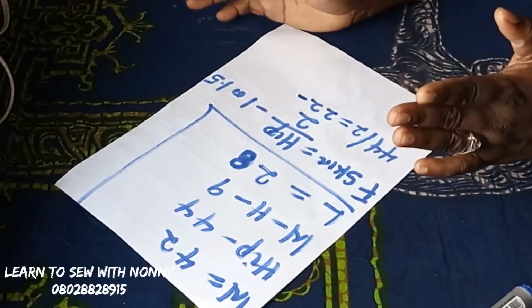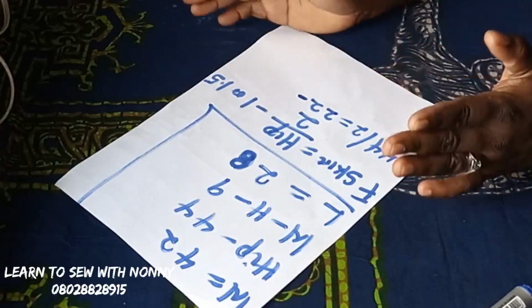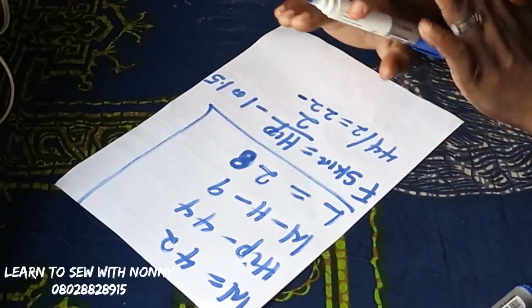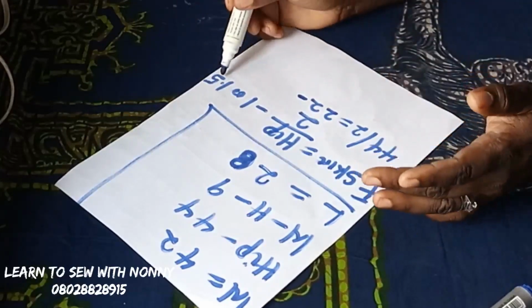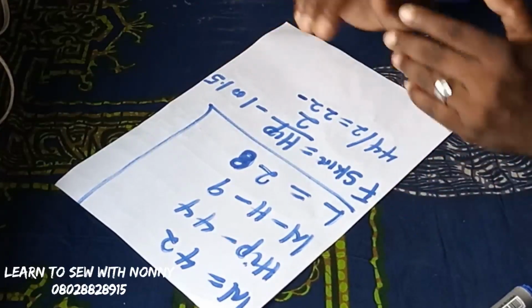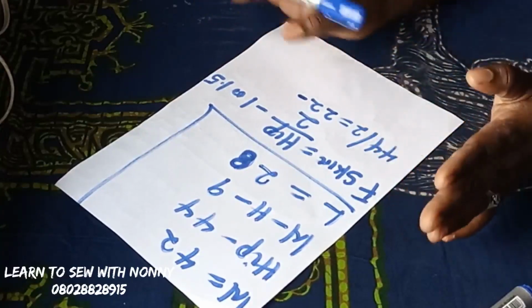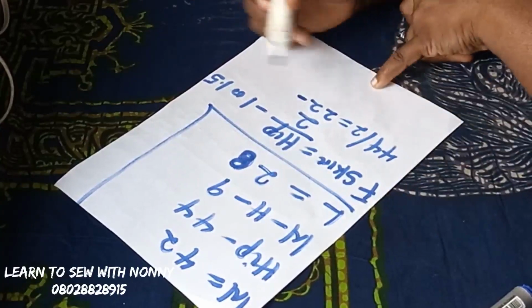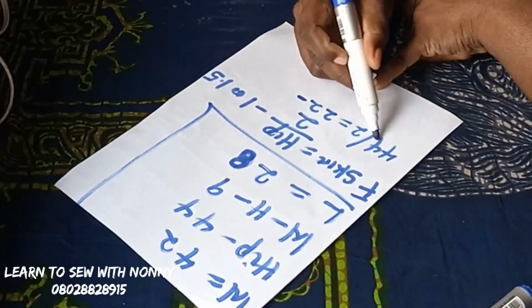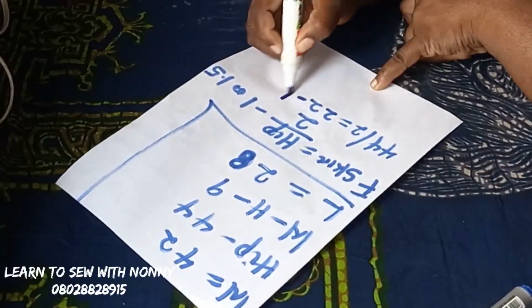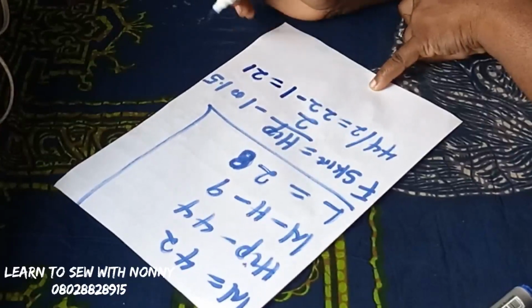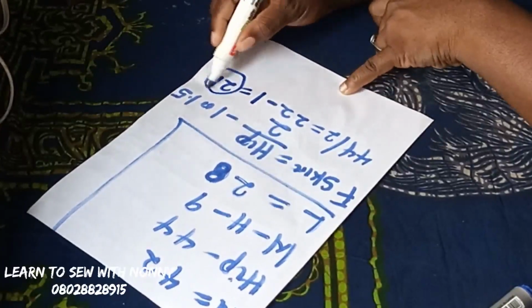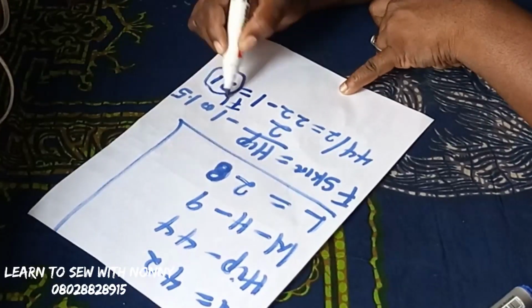So if the difference between your waist and your hip is from 5 inches to 1 inch, or there is no difference, you don't need to minus 1.5. Okay, and if there is no difference between your waist and your hip, you don't need to do this with the hip allocation method. So the hip is 44 divided by 2, that's 22, minus 1 is 21. Okay, so I'll be using 21 for my front hip.